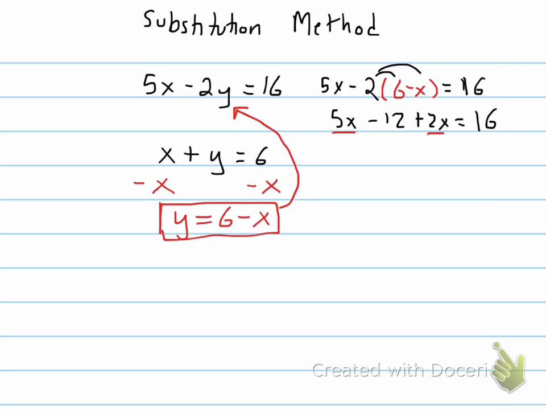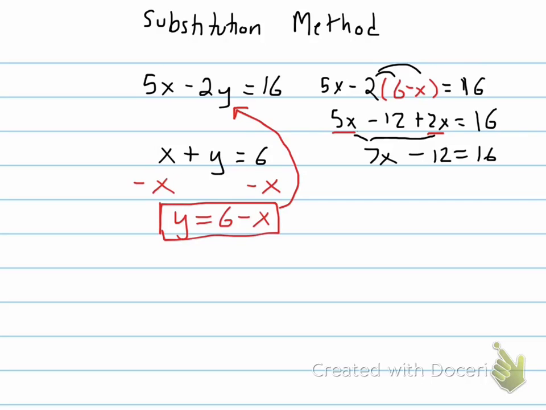I messed up, guys. That was supposed to be a 16. I wrote the 6 and I forgot. Okay, so let's just put that 6 in there. So I combine those. 5 plus 2 is 7x minus 12 equal to 16 now, not 1. I don't know why that was there.